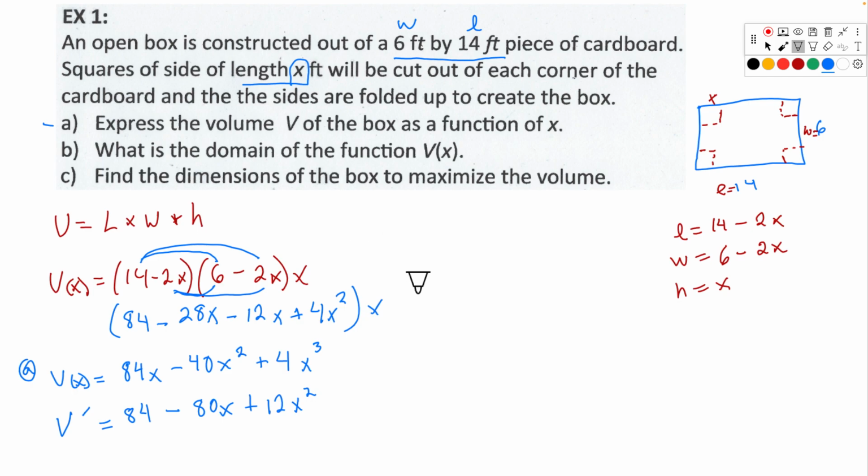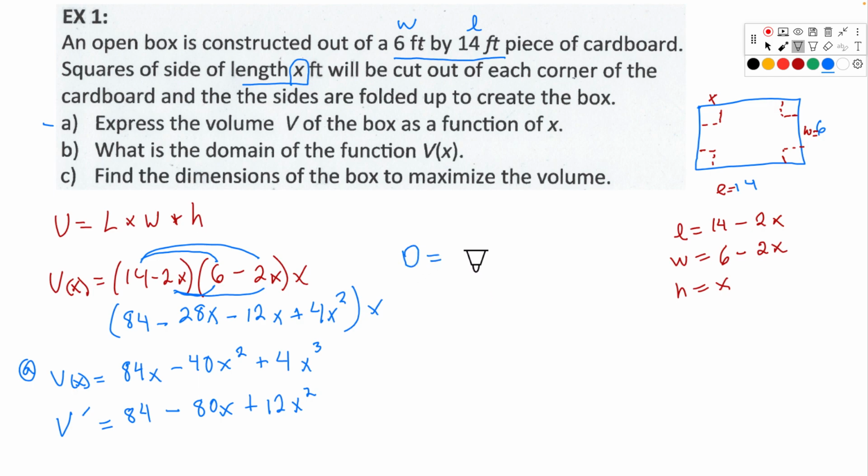So, again, you can take a graphing calculator and solve this where it's equal to 0. You could also factor. Let's see, 12 goes into 84, but 12 doesn't go into 80. So we're going to set it equal to 0.